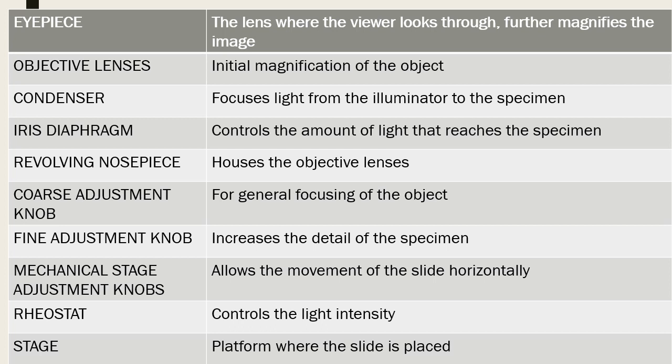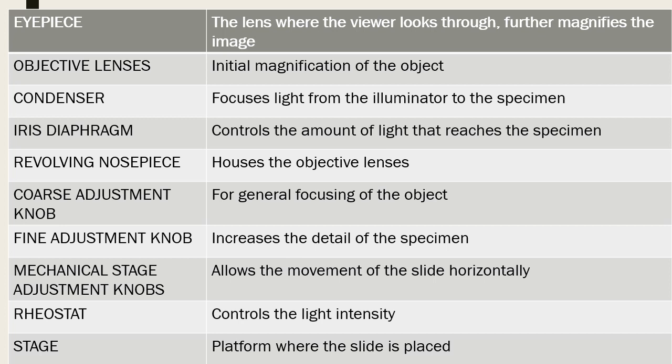Okay, and so moving on, you have your condenser. Your condenser focuses light from the illuminator to the specimen. And then your iris diaphragm controls the amount of light that reaches the specimen.